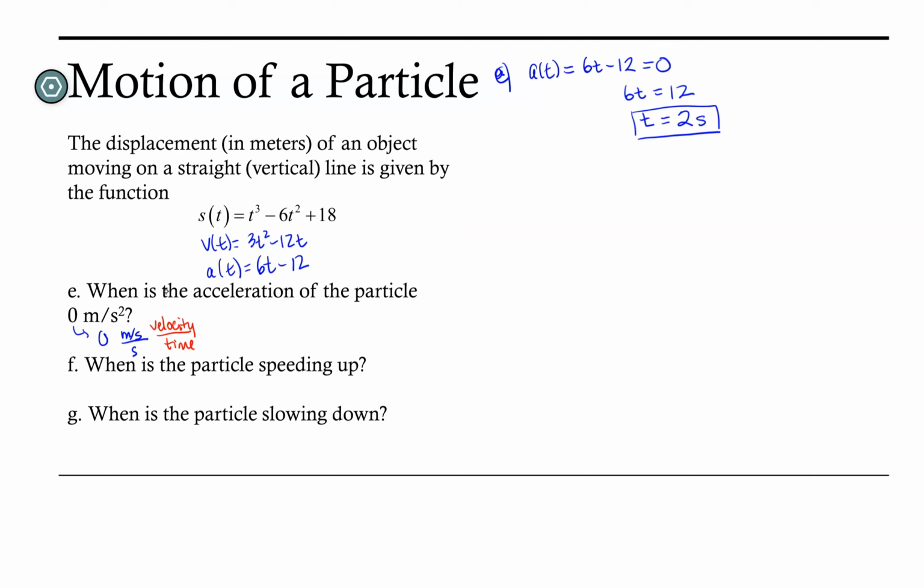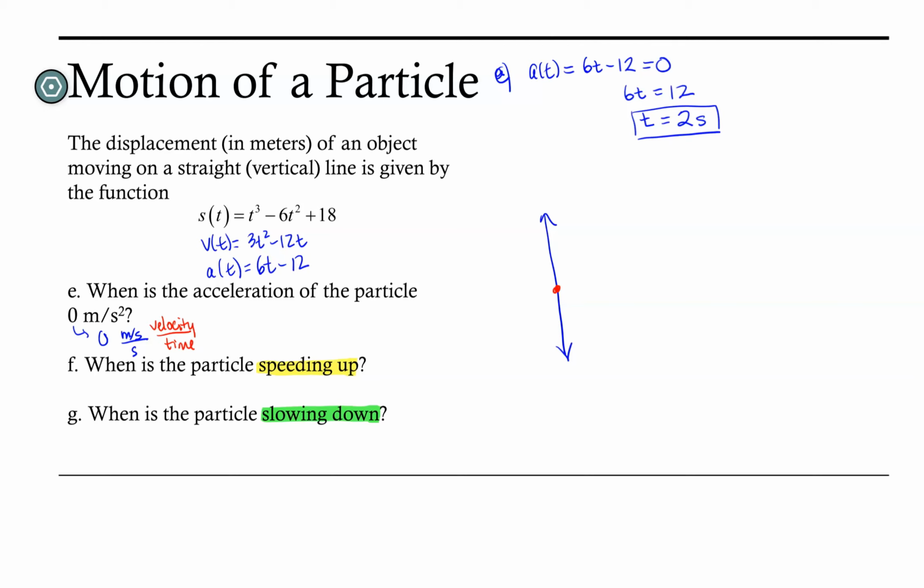Now let's take a minute and think about what it means for a particle to be speeding up versus slowing down. In this context, let's think about movement. Let's think about a vertical number line, and here's where the particle starts.